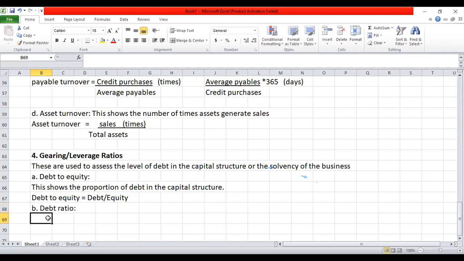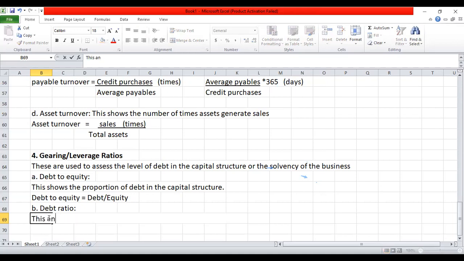The debt ratio shows the relationship between your assets and your liabilities, or between your assets and your debt. The issue here, you are analyzing whether the business has enough assets to pay the debt. Do you have enough assets to pay your debt? Then in that case, you're going to assess the debt ratio.